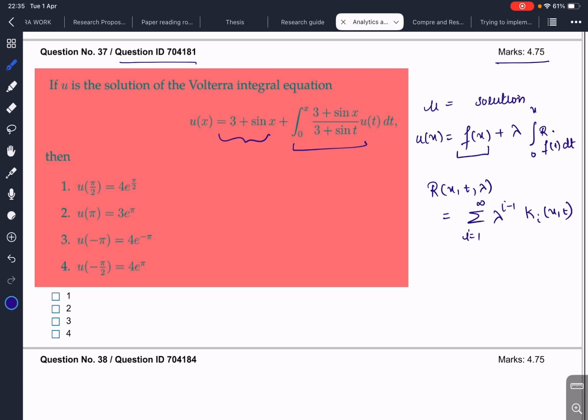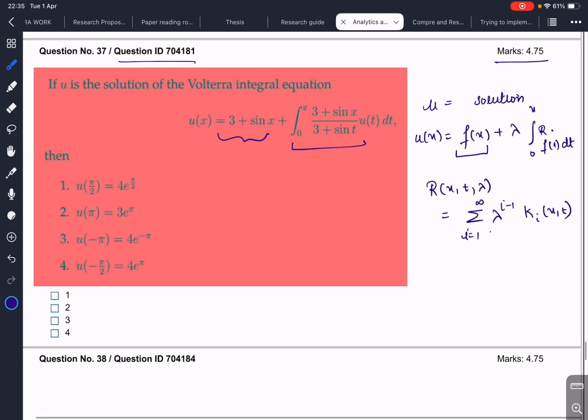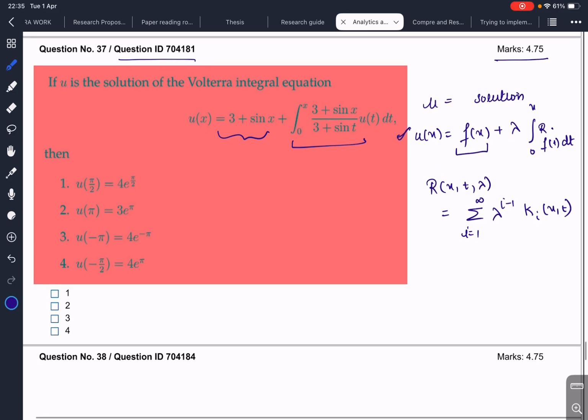So now we just have to find the resolvent kernel. Once we know the resolvent kernel, we can substitute it in this to find our solution.